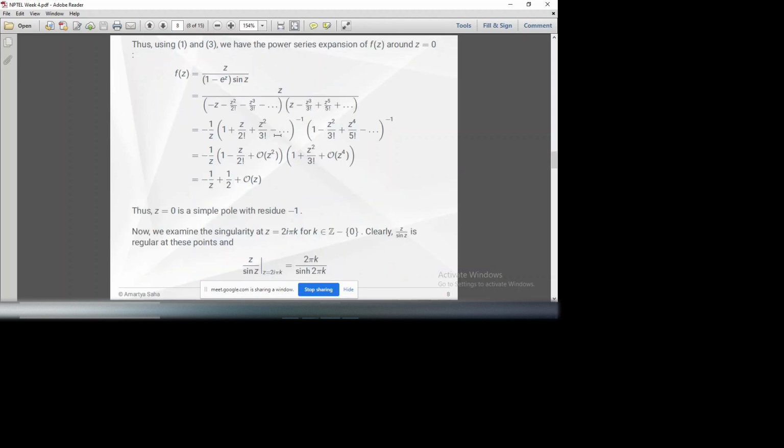And then again I have factored out z plus 2 pi ik, and what remains is this: 1 plus z plus 2 pi ik plus (z plus 2 pi ik) squared plus higher order terms, to the power -1, and then I have directly used that. So please look at this analysis. It is exactly similar, so nothing mysterious is happening. I have just jumped several steps. You will understand quite clearly if you get your hands dirty.